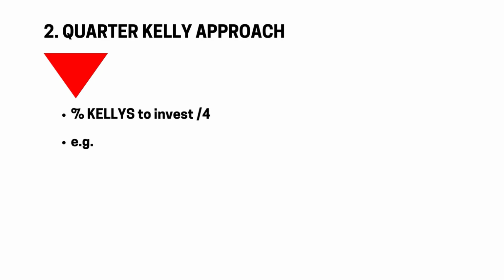Similar to the half Kelly approach, we've got the quarter Kelly approach, basically just dividing the full Kelly by 4. So if our example was 40% for the full Kelly, divided by 4 equals 10% of our capital. So it's a more conservative approach, ideal for those who want to minimize the risk further, especially if you're trading in more volatile markets, or maybe when your confidence in your probability estimates isn't that strong.